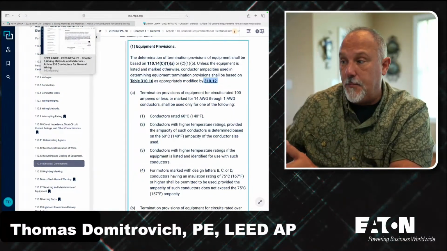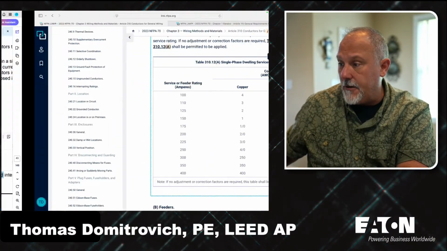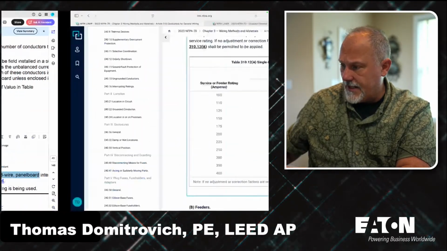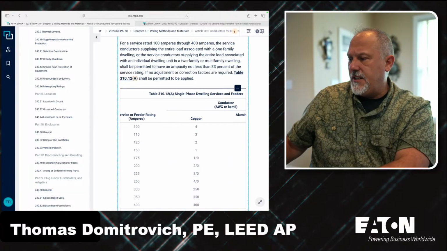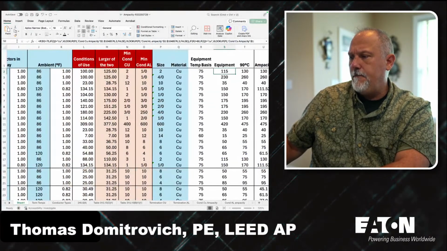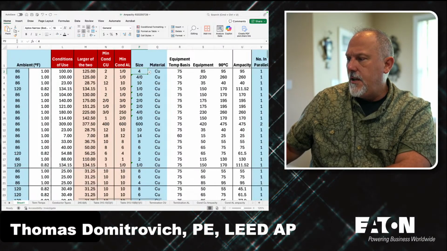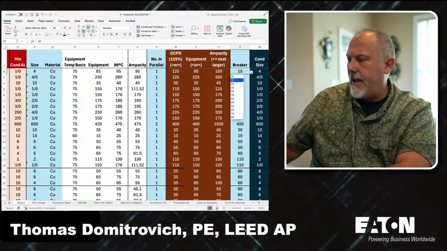That's why they had to put it there. It's because you're violating 110.14(C)(1) right here, as we identified. If I put, what size? We picked a 4-gauge copper conductor protected by a 100 amp breaker.